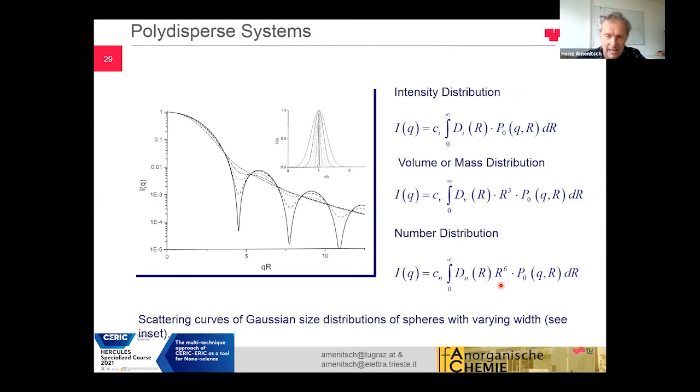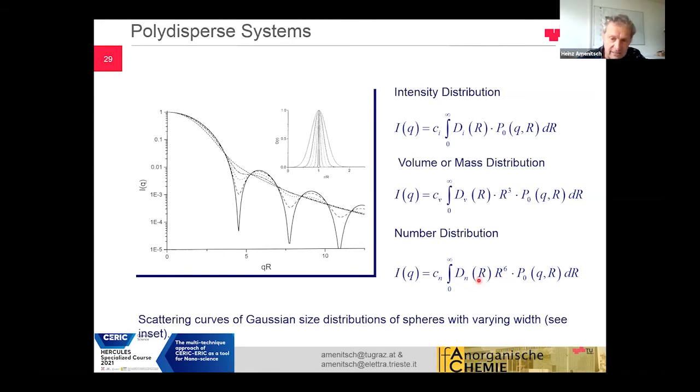So again, taking the example of a factor of 2 in size for two populations of particles with the same number distribution, the intensity of the large particles is 64 times higher than that of the small ones. So the intensity is really dominated by the large particles.